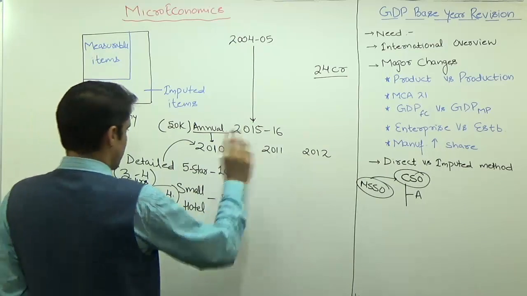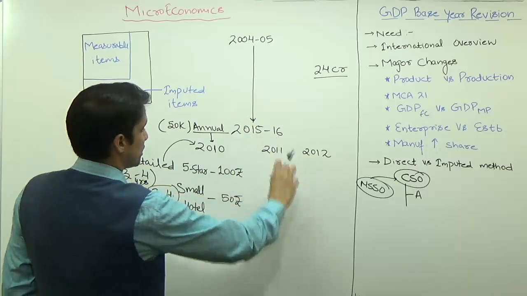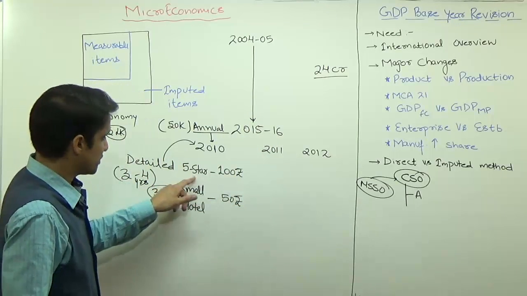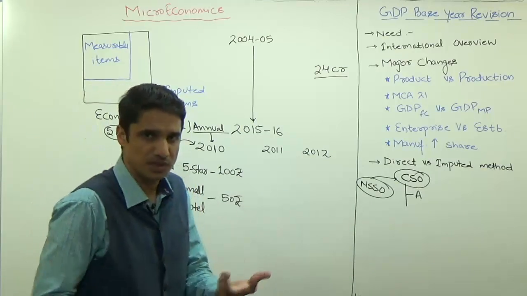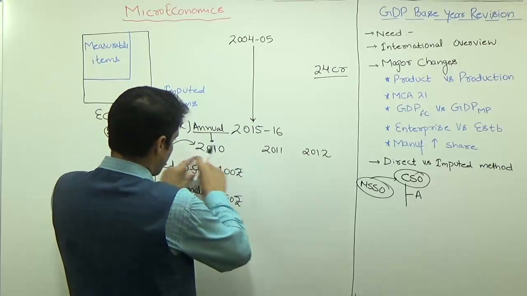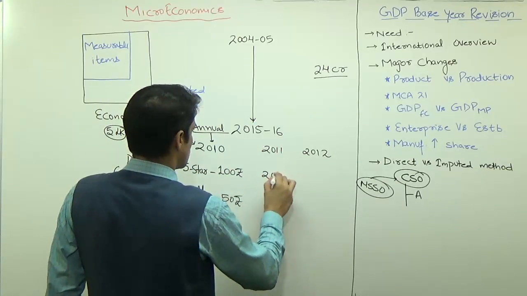In 2011 there is no detailed survey, but we have the annual survey. Because 5-star hotels maintain their data online, they have computers, the sale of the 5-star hotel we will get correctly. Suppose it becomes 200 rupees.